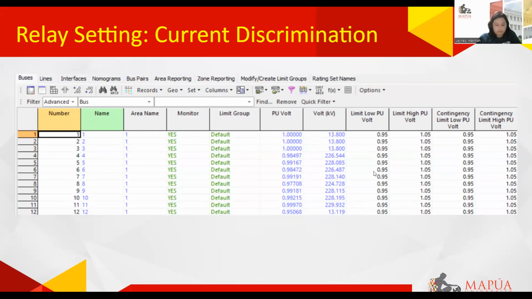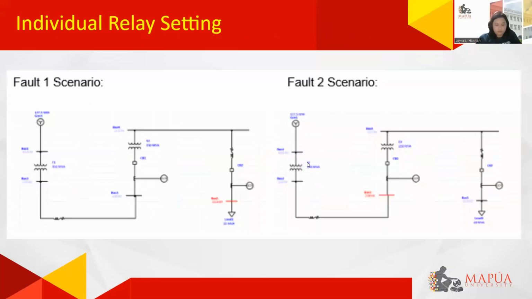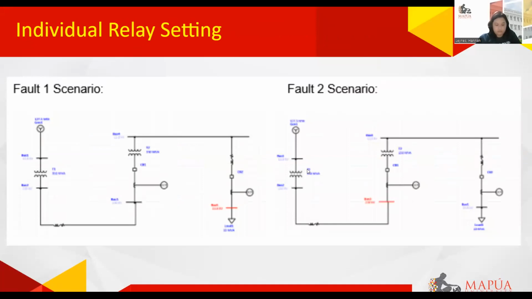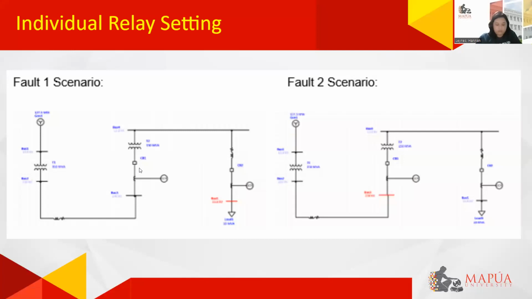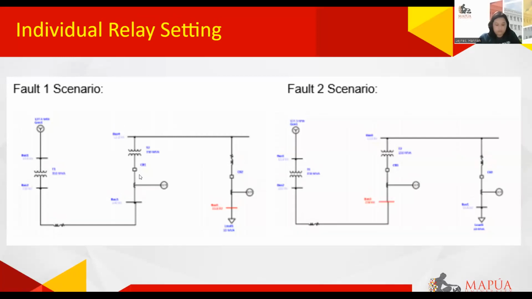And then moving forward, we can see here the placement of the faults, where the fault 1 scenario is near circuit breaker 2, and fault 2 is near circuit breaker 1.